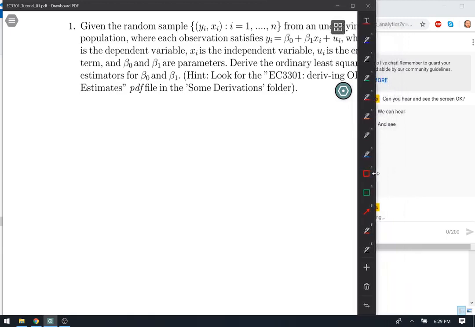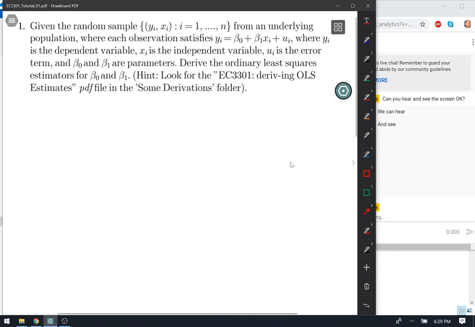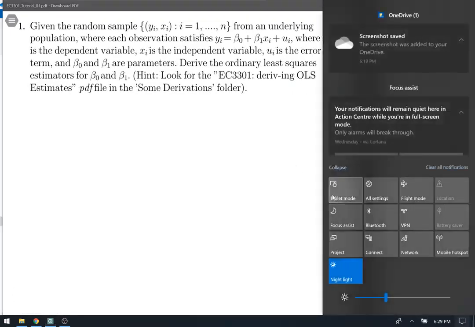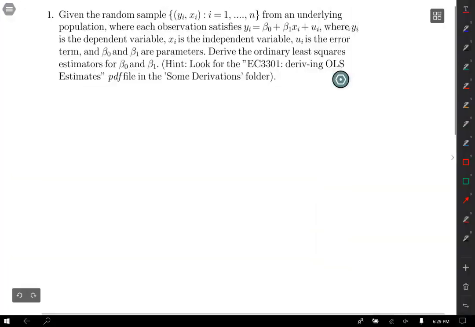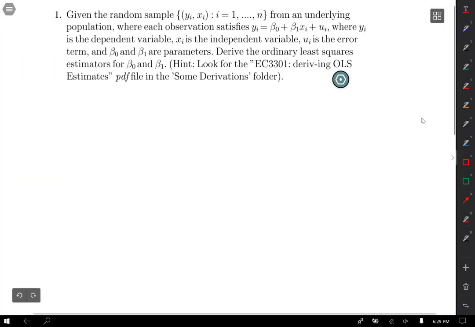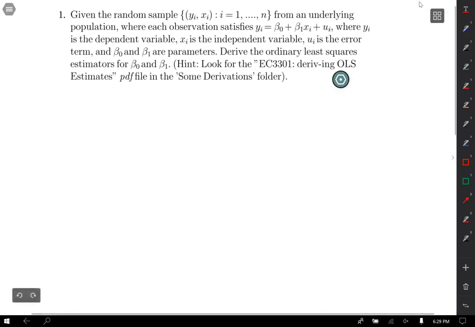Here we are, one minute then we'll start. Why does it do this?